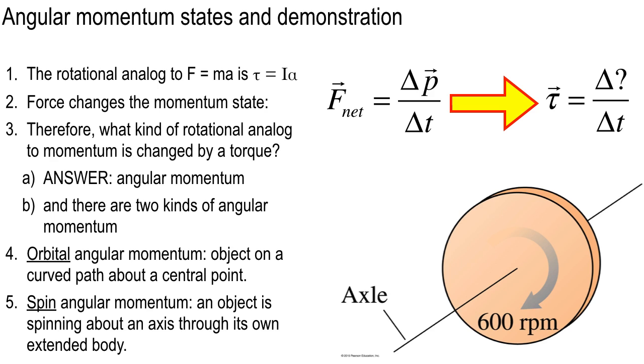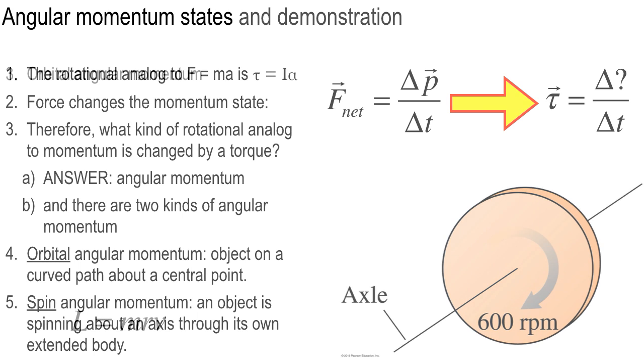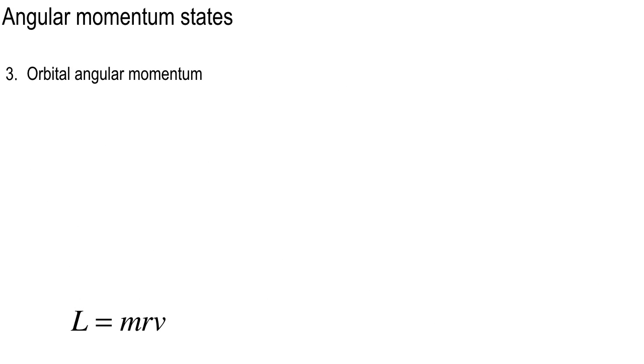Now let's do some pictures for spin and orbital. And it looks like my outline is misnumbered. Start this one number 1, orbital angular momentum. Here's the formula down at the bottom, L equals mRv.